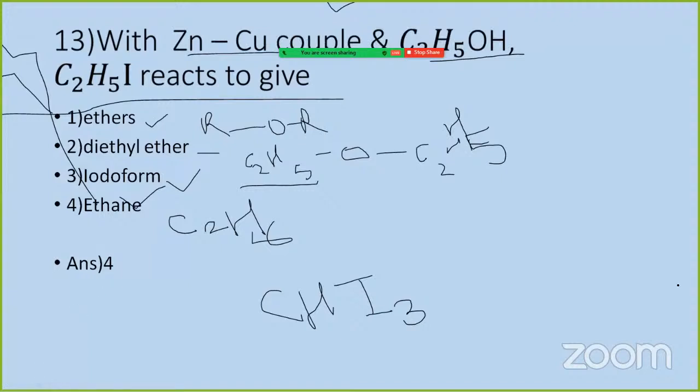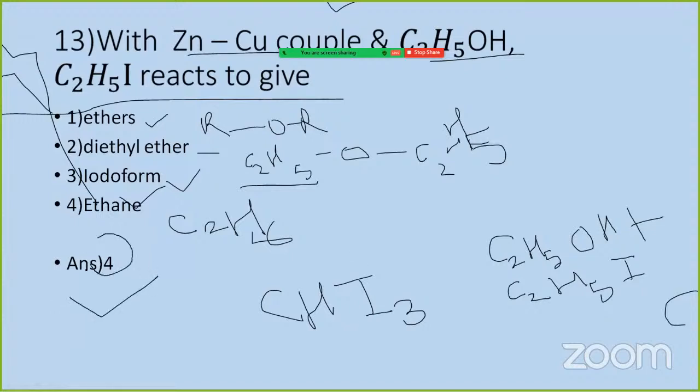So C2H5OH reacting with C2H5I will give only alkane. It will not produce any ethers or iodoform. So our answer is 4. Alkane you will get.